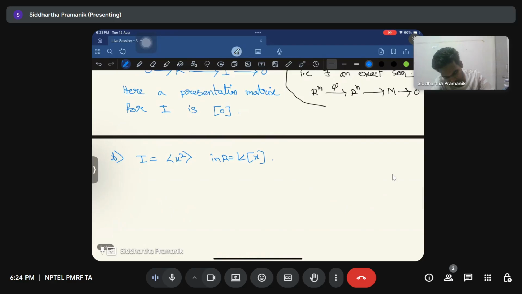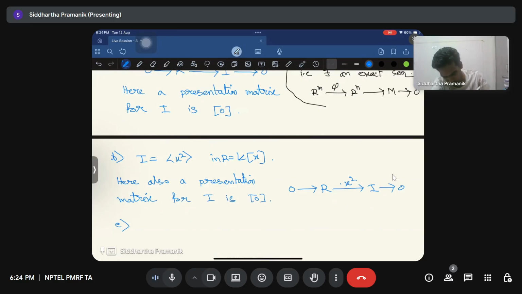If you see 0 to R to I to 0, multiplication by x square is an isomorphism. So here also a presentation matrix for I is the 0 matrix, a 1 by 1 zero matrix.